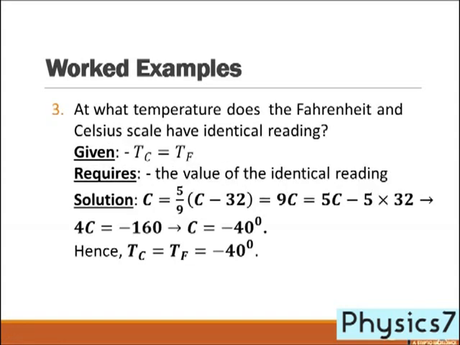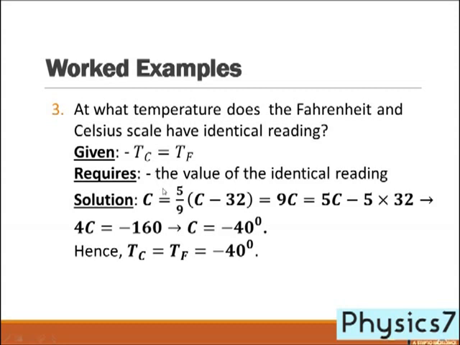Now this is an interesting worked example. The question is, at what temperature does the Fahrenheit and the Celsius scale have identical readings? So in other words, what we're asked is, when is the temperature in degrees Celsius equal to the temperature in degrees Fahrenheit? In other words, what is the temperature at which they have the exact same reading?